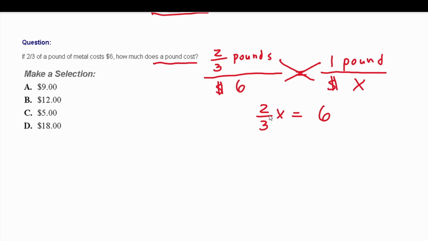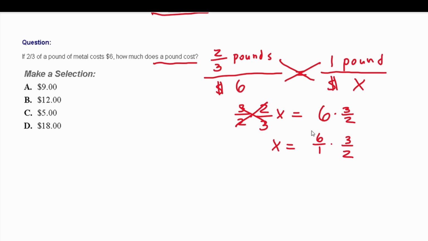To get rid of this 2/3 in front of this x, we're going to multiply it by its inverse, notably 3/2. This cancels out, leaving you with just x over here. Now we're multiplying a whole number by a fraction. You can rewrite any whole number as a fraction by placing it over 1. So this is the same as 6/1 times 3/2.